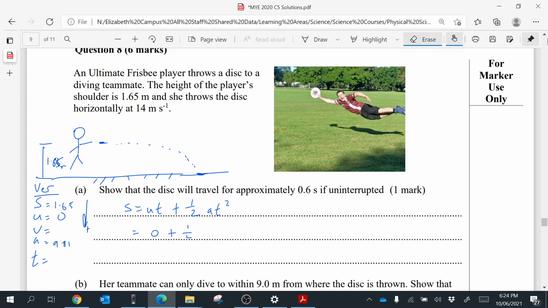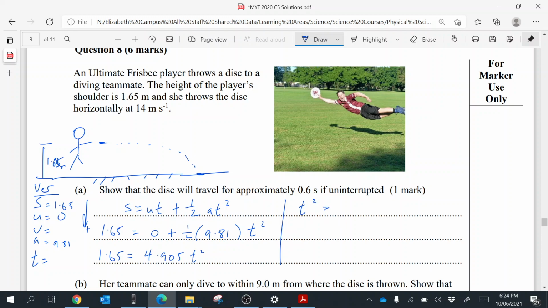This time I've said that positive is downwards. 1.65 meters, so 1.65 equals a half times 9.81, because downwards is positive, this time our acceleration due to gravity is positive, times t squared. So we can say that 1.65 is equal to 4.905 times t squared. That's half of 9.81 is 4.905.